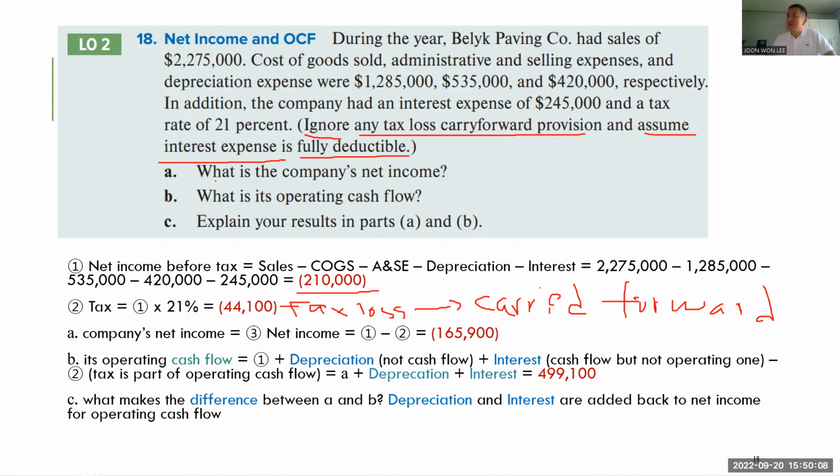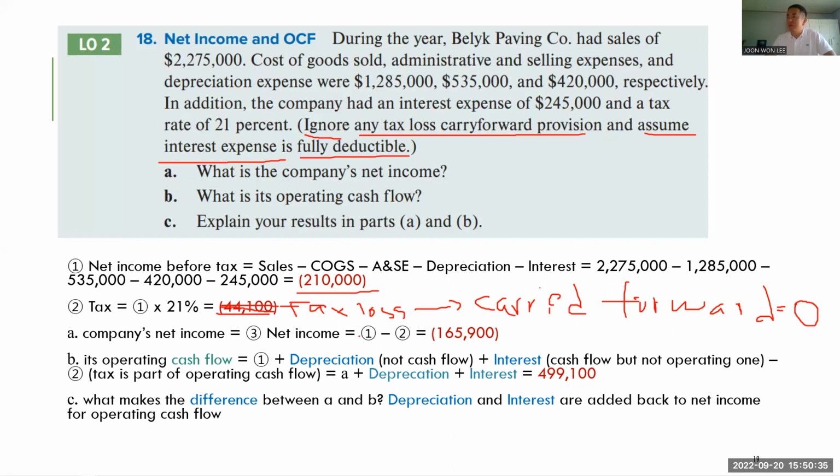So the question says that you don't have to take into account this tax loss of $44,100. Just ignore this amount, right? So then the tax is supposed to be 0.